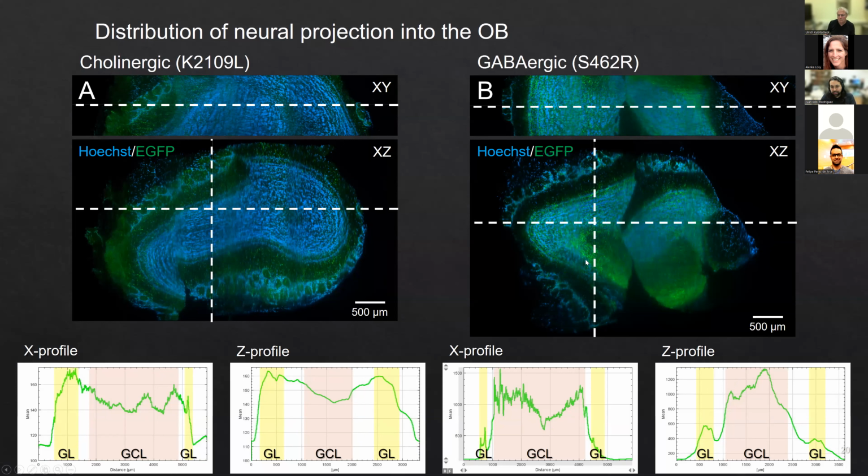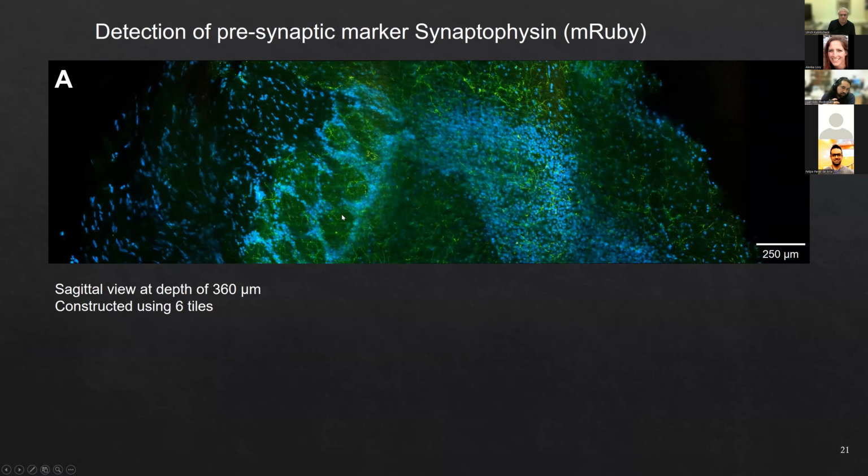And the GABAergic neurons, these inhibitory neurons, are sending most of their projections into the granular cell layer, like in the middle part. So one thing is to see where the projections are going, but now we need to see if the projection is actually doing something in that area.